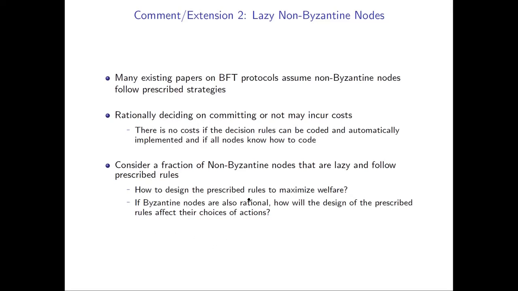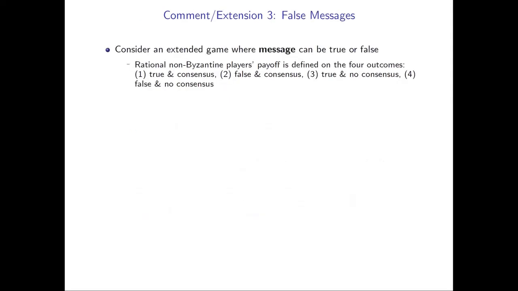So this paper characterizes more strategic interactions far beyond what we know from the existing literature. But then if we allow a fraction of non-Byzantine nodes to behave lazily and follow the rules, the question is, how do we design these rules to maximize welfare? So I think this might also be an interesting application.